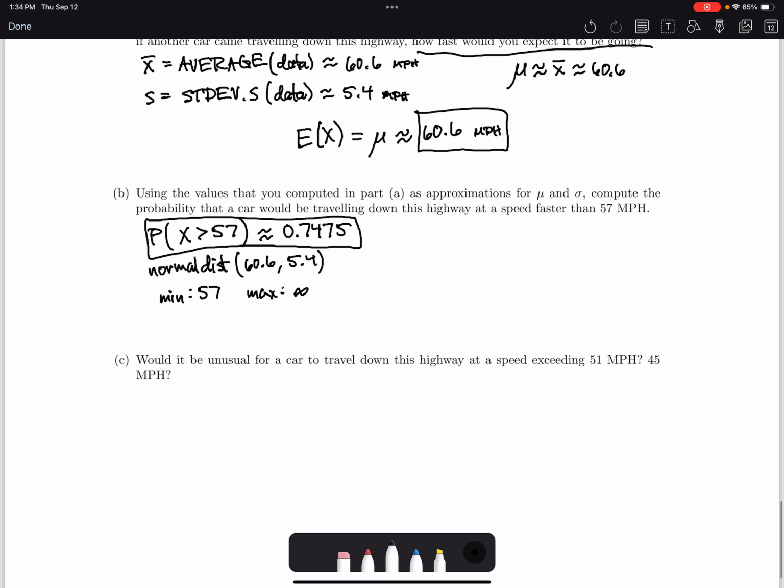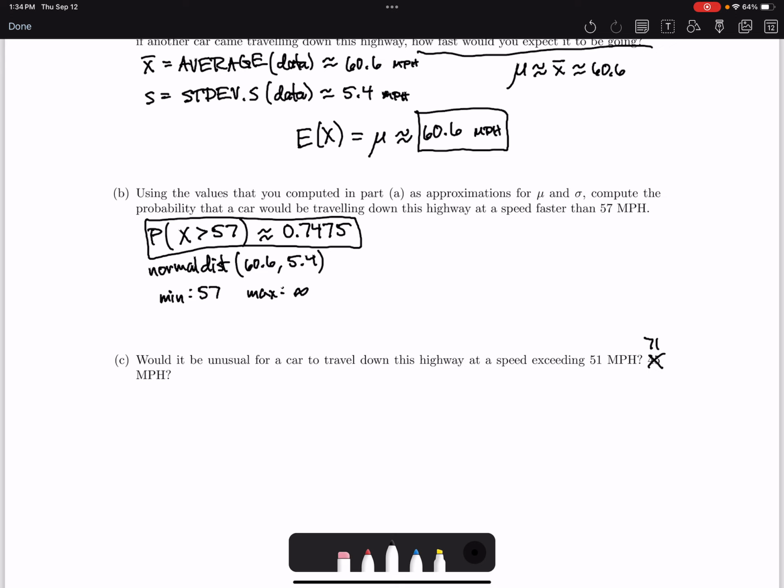Okay, and then one more. We're asked, would it be unusual for a car to travel down this highway at a speed exceeding 51 miles per hour or 45 miles per hour? We already know the answer to this question is going to be no. I must have wanted different numbers here. Let's change 45 to 71.